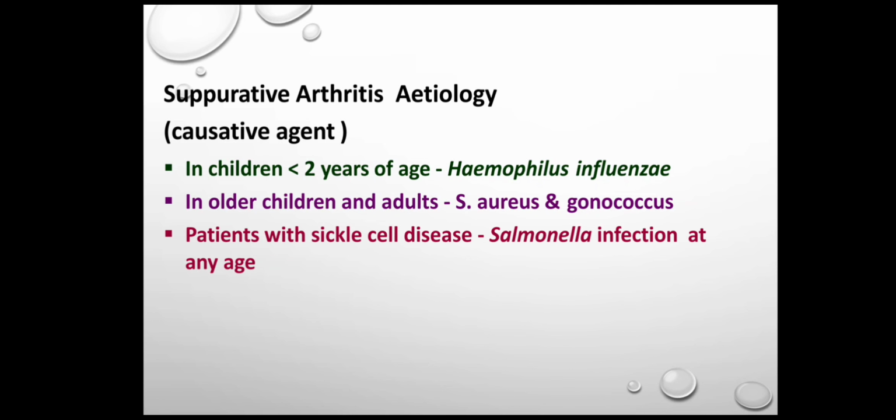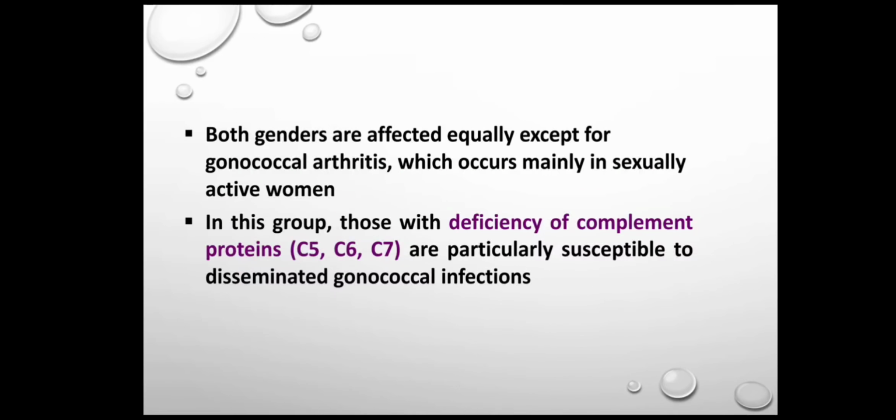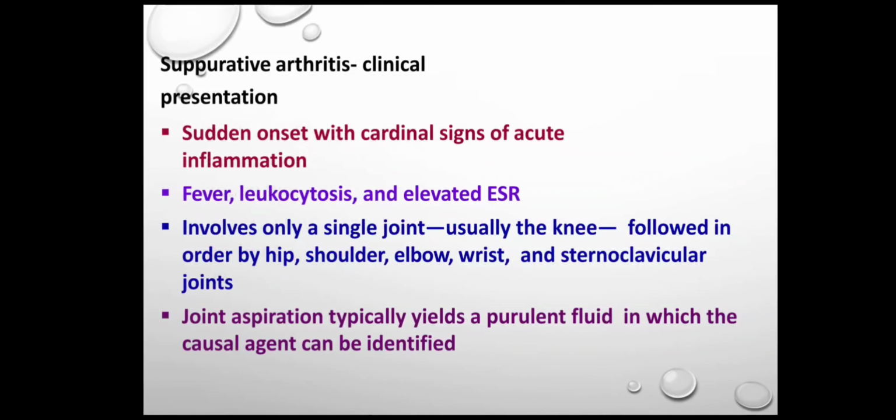In older children and adults, Staphylococcus aureus and gonococcus. Patients with sickle cell disease, salmonella infection can affect at any age. Both genders are affected equally except for gonococcal arthritis, which occurs mainly in sexually active women. In this group, those with deficiency of complement system like C5, C6, C7 are particularly susceptible to disseminated gonococcal infections.